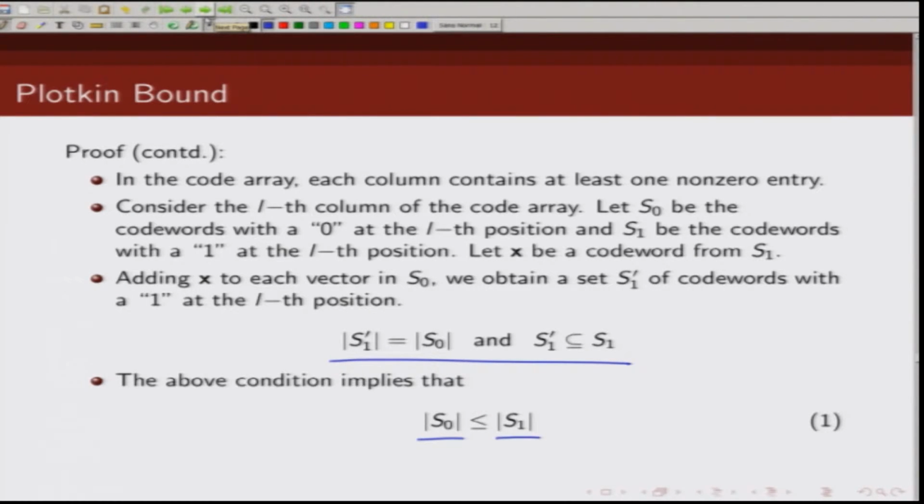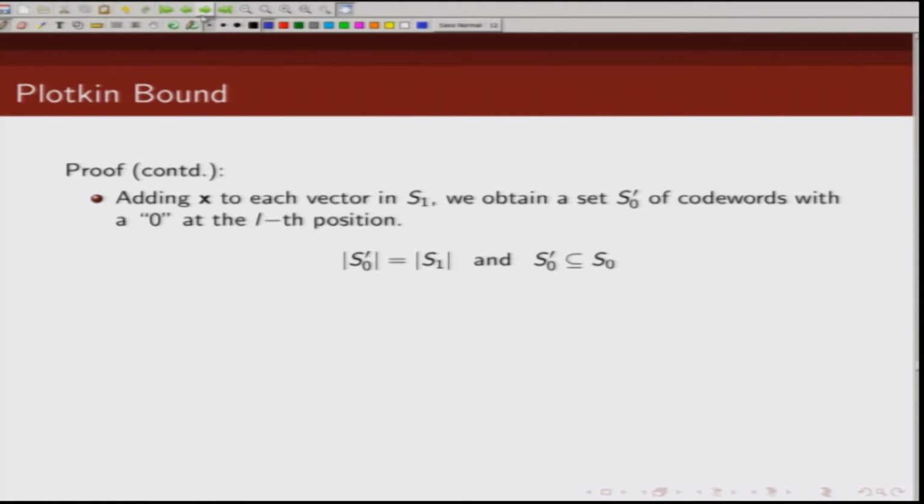Next, we add this same vector X to the set S1. Earlier we added it to the set S0, and in the process we generated a new set of code words which has 1 at the ith location. Now, we are adding this code word X to the set S1. X has 1 at the ith location, and S1 has 1 at the ith location.